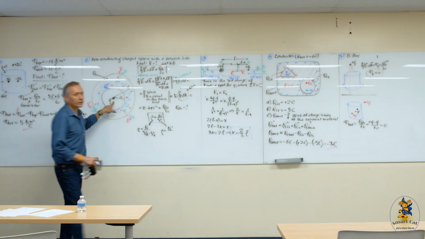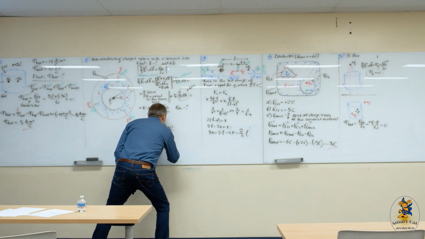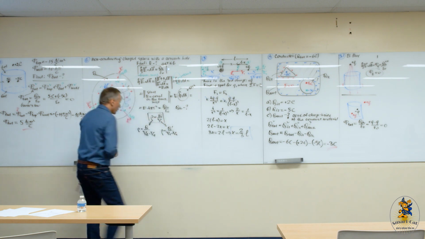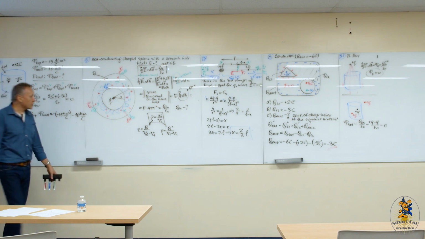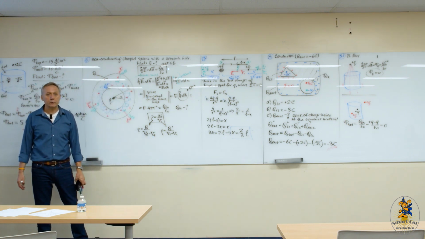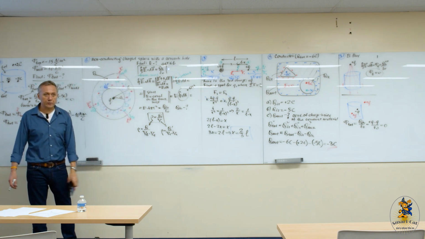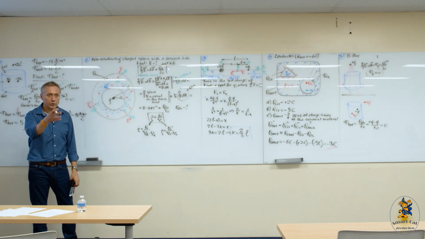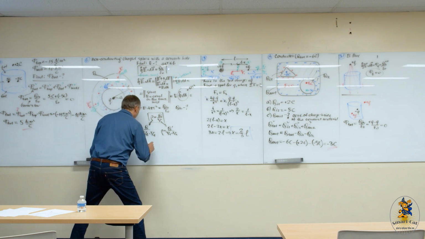We will include that charge later, but for now, without the charge. Since the charge distribution is uniform, this rho and this rho are the same. I didn't write it down, but I tacitly assume it. It doesn't matter which charge you use, the charge density will be the same.